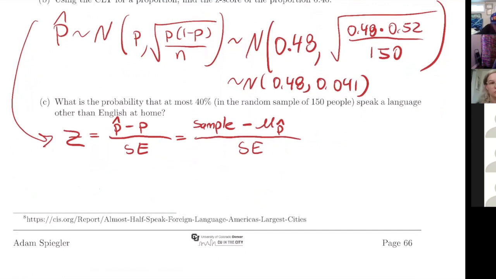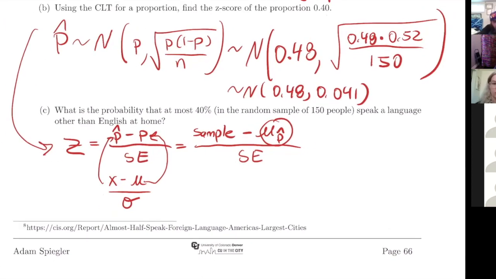To find the z-score, usually the calculation is x minus mu over sigma. But now we're not looking at the distribution of individual x values, our distribution is for p hats. So our value for x is going to be a sample proportion. Our mean is the mean of the sampling distribution, which is p. And then we divide not by the standard deviation of the population, but by the standard error of the sampling distribution.